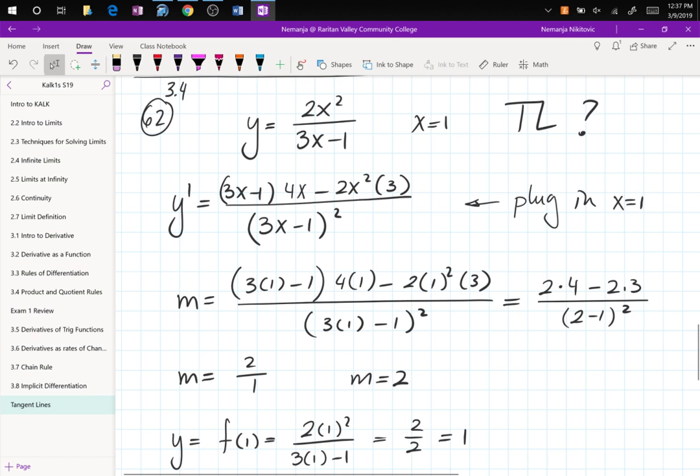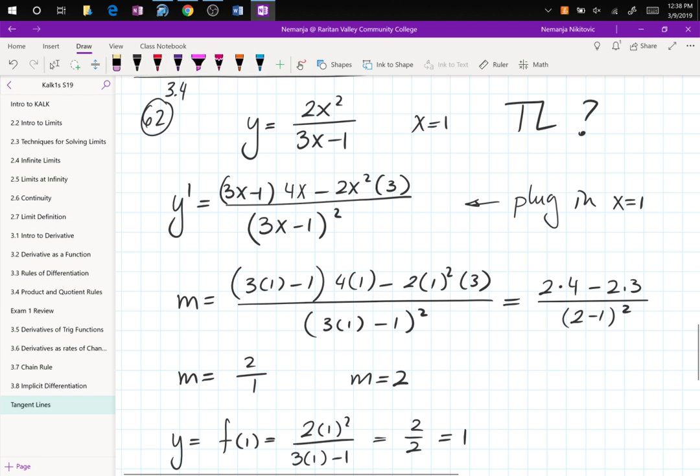Yes? Wouldn't m be 2 over 4? Just like you can, 3 minus 1 is 2, 2 squared is 4, and 2 over 4 is 1 half. 2 minus 1 is 1. No, but then you put 3 minus 1 is... Oh, yes.